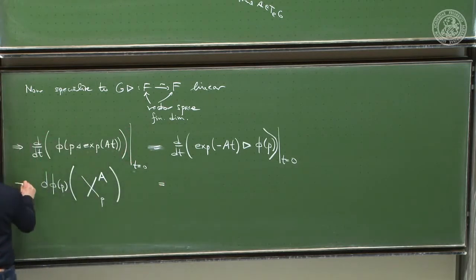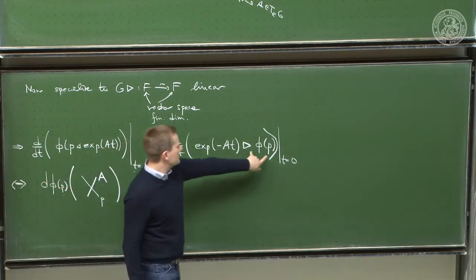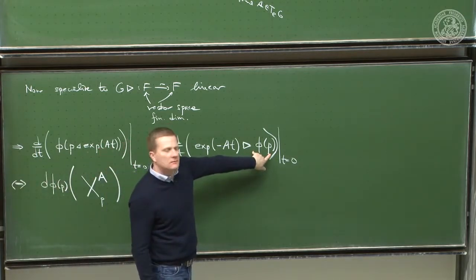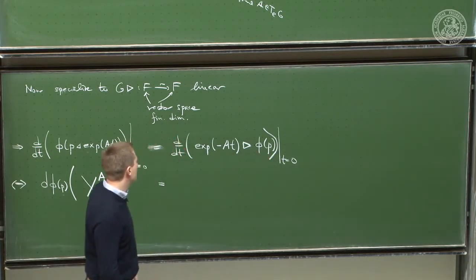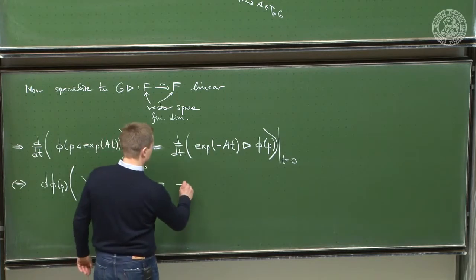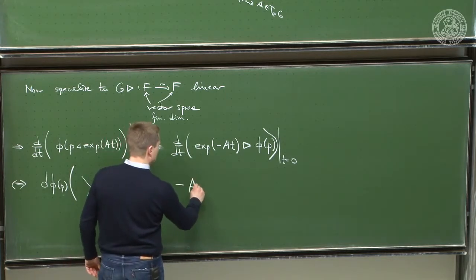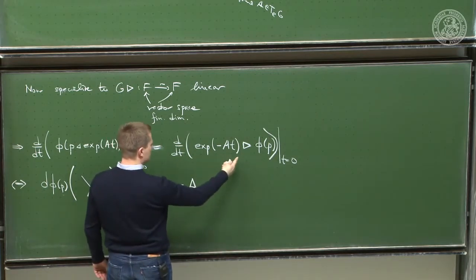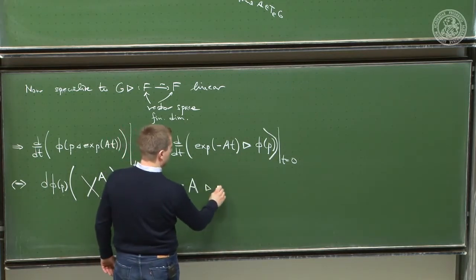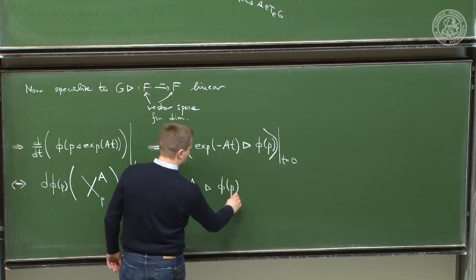And the right-hand side, what's that? Well, this guy here is totally independent of the t. So the derivative only acts on here. Okay? So it yields a minus sign, minus a, e to the minus at, but evaluated at t equals 0 is the identity acting on phi of p.